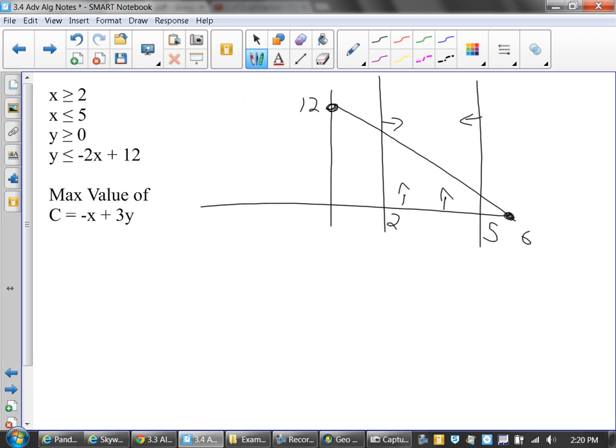Now it becomes interesting. Is 0 smaller than 12? It is. So it's shaded into this, once again, four-sided figure in here. All right. We know for certain two of the ordered pairs without too much of a hassle: 2, 0, and 5, 0.